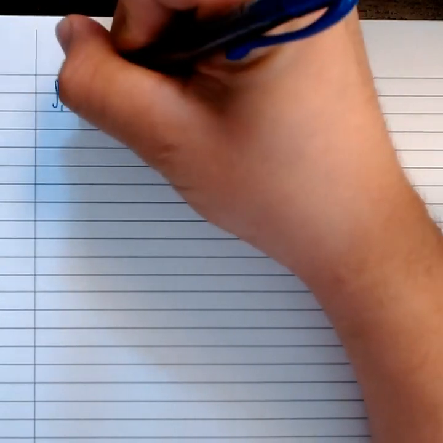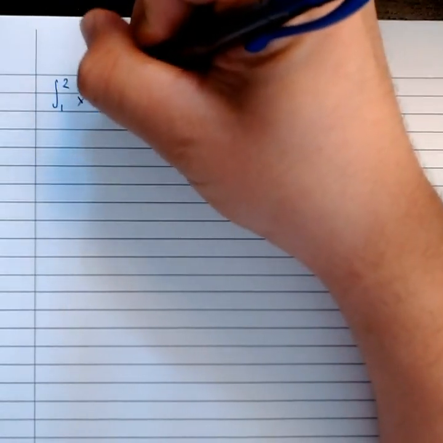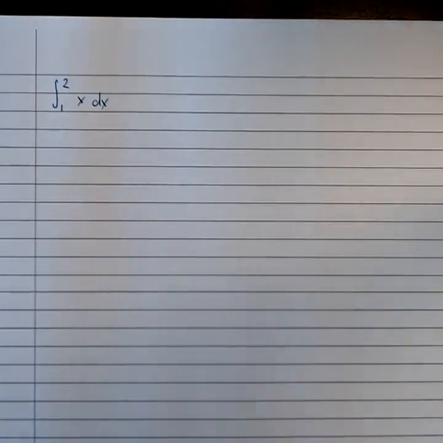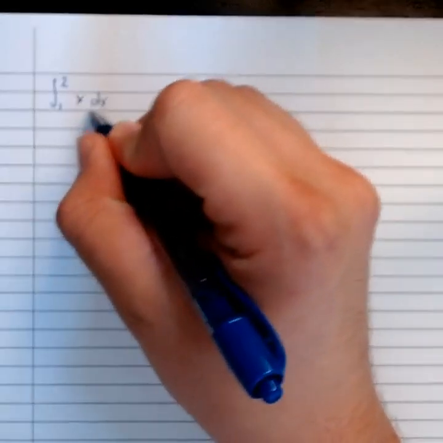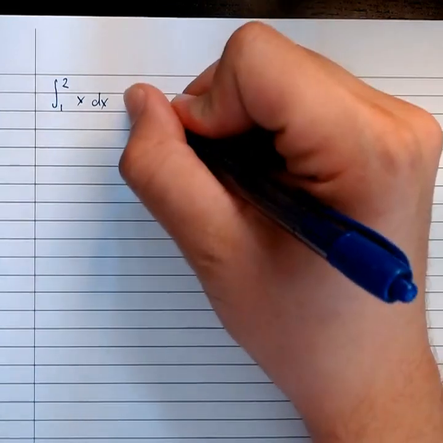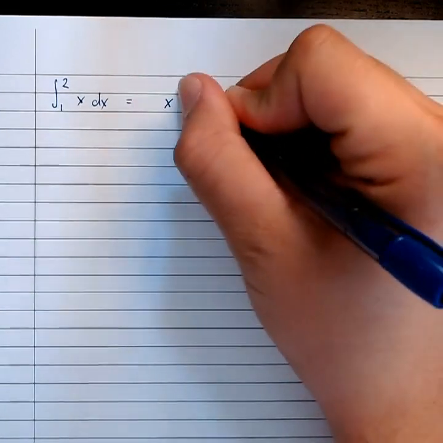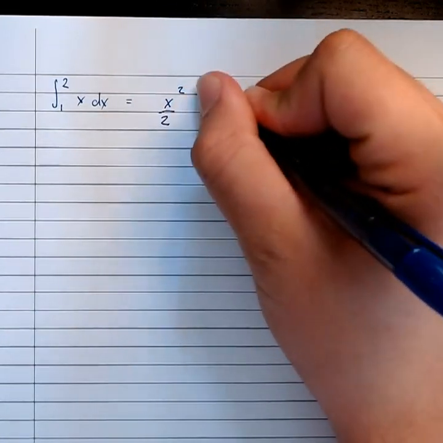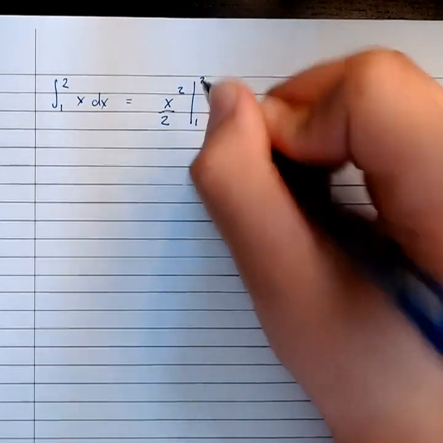As a very quick example of that, if you take the integral from 1 up to 2 of x dx, that's a very simple example. Here, you would, of course, by the fundamental theorem, find the antiderivative, which would be x squared over 2, and evaluate from 1 up to 2.